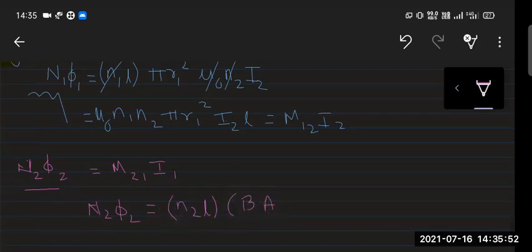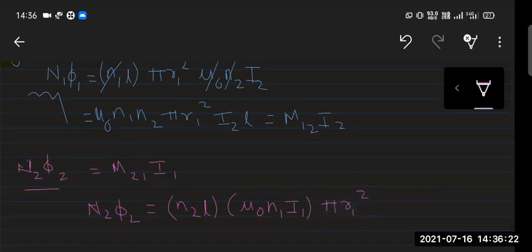Now consider that the magnetic field is because of the first coil. So the value of B will be mu 0 N1 I1. And what will be your effective area? Pi R1 square.